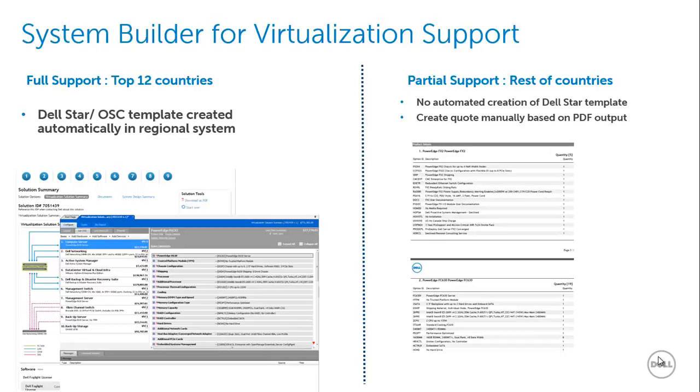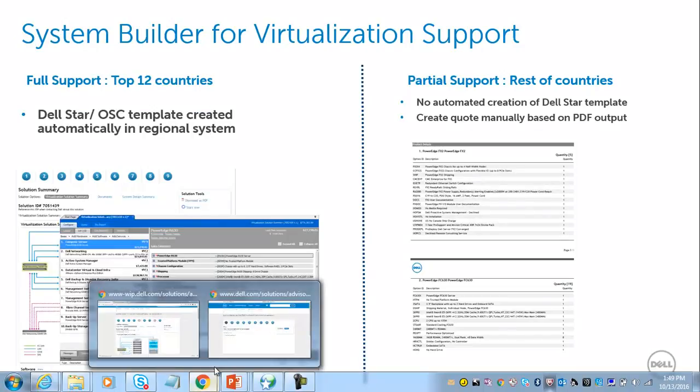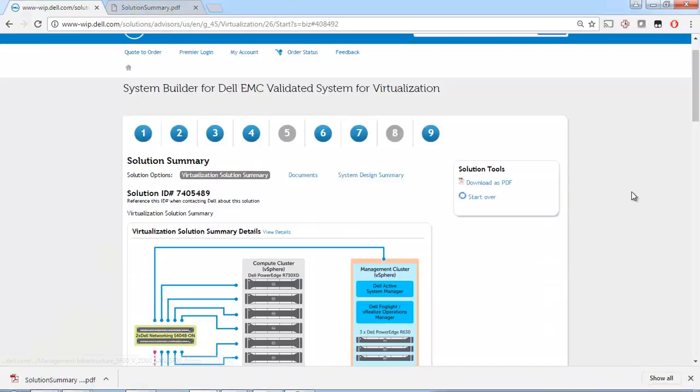Now, if you're outside those top 12 countries, what you could do is go to the solution summary, as we would see in a minute here, and download the PDF document.